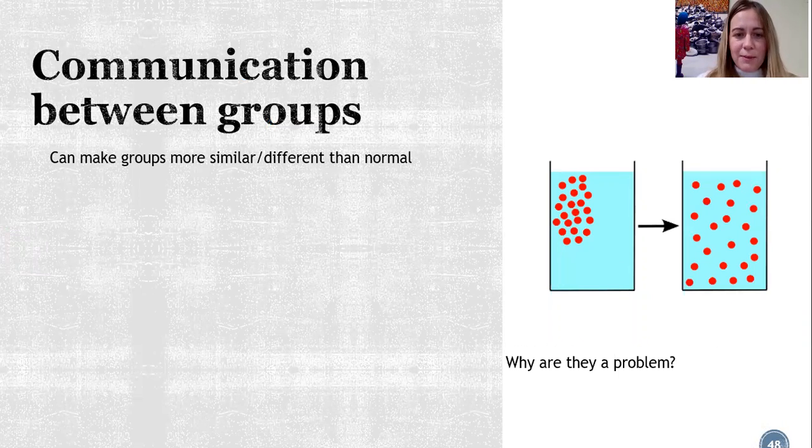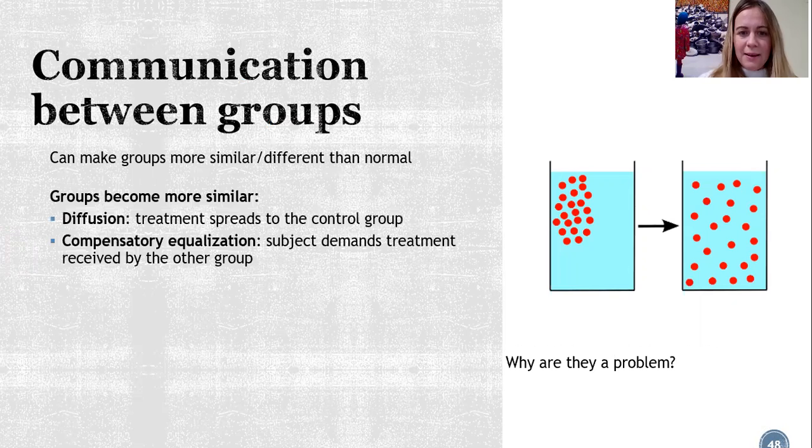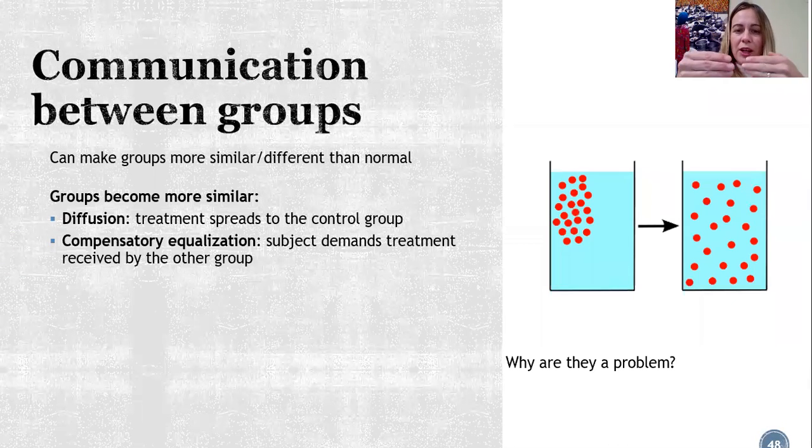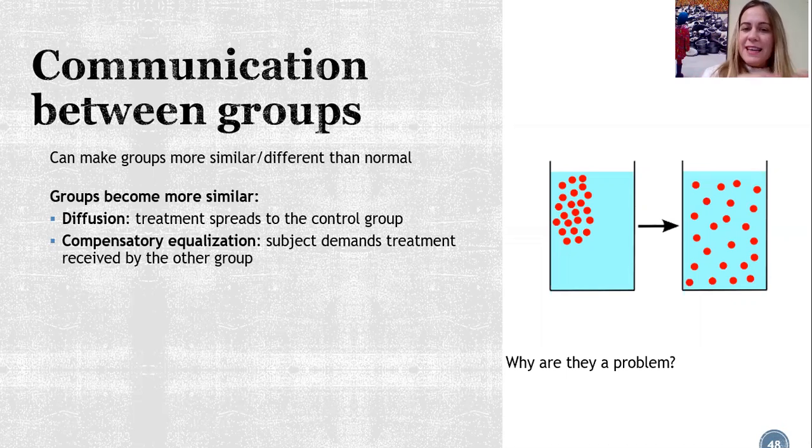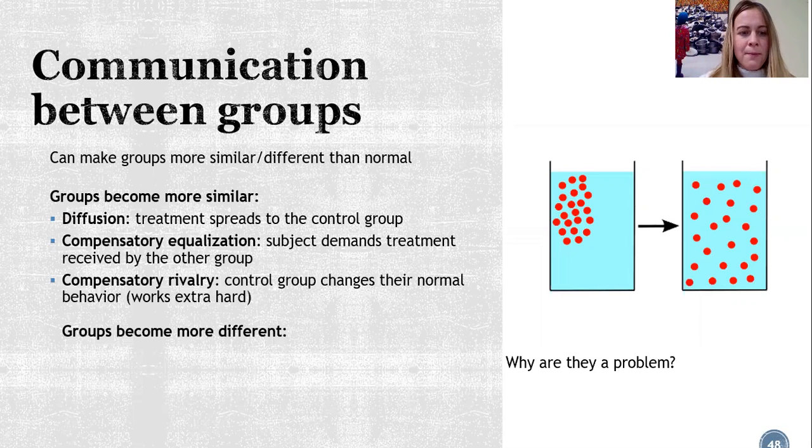Finally, communication between groups can be a challenge because it can make that difference between groups larger or smaller. Groups might become more similar if, remember that Sudoku, somebody in the control condition learned about what the people in the Sudoku training were doing, then that obviously is going to make it so that our groups are not as distinct as we would want them to be.